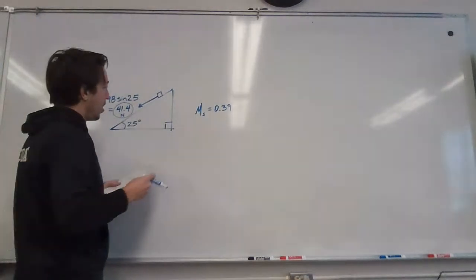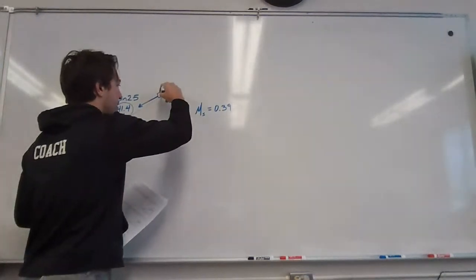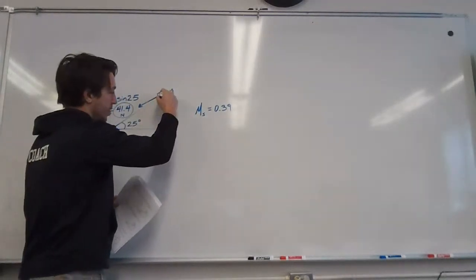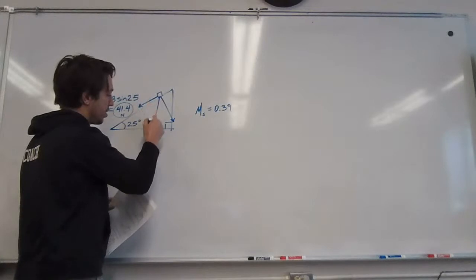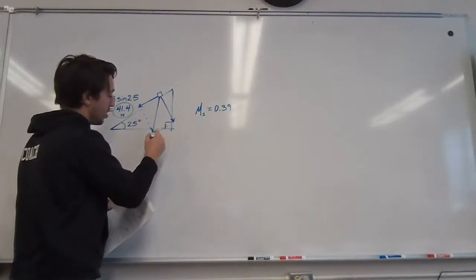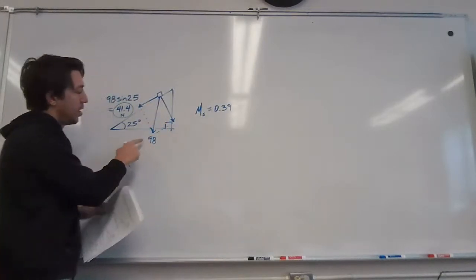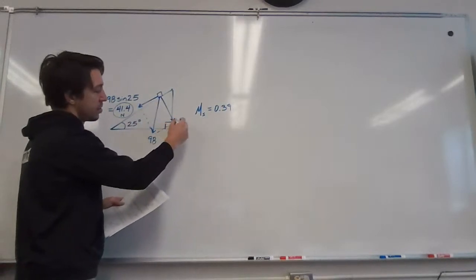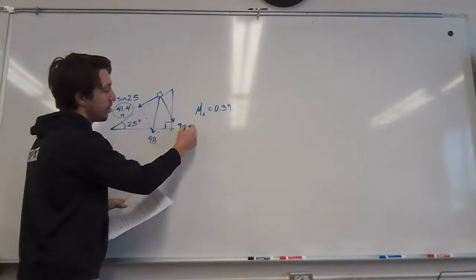So, okay, and then how about this vector here? Don't forget, the actual vector is 98, but I don't really need that one so much. How big is this vector though? Very good.